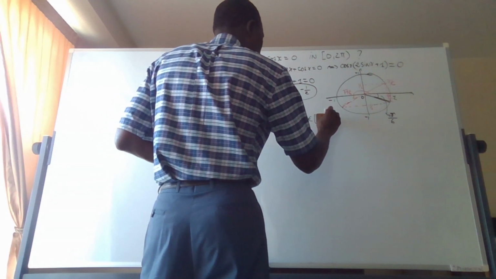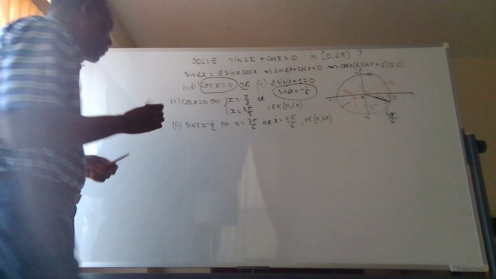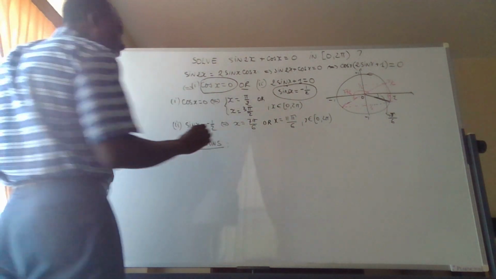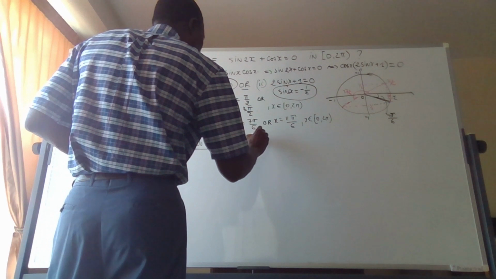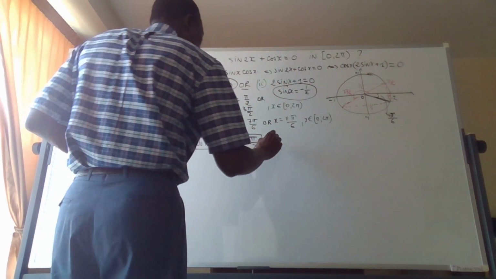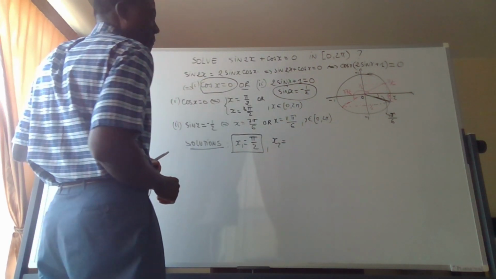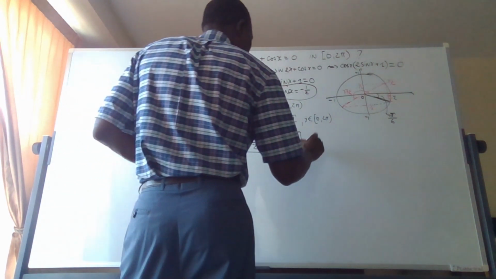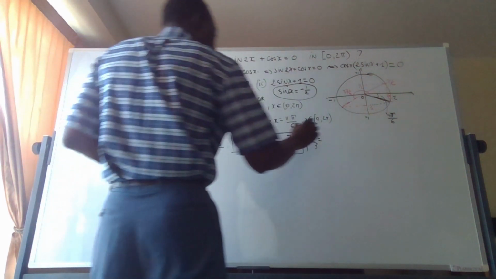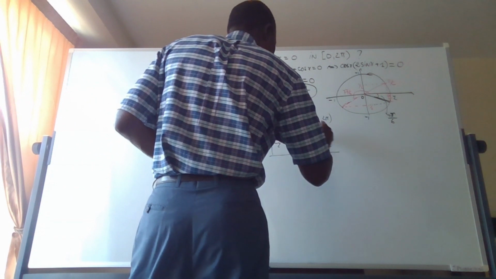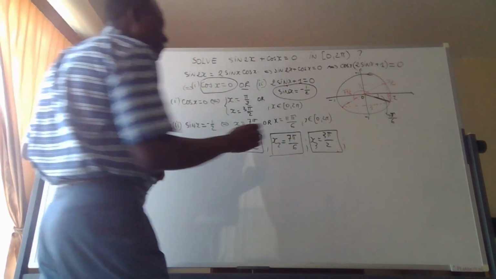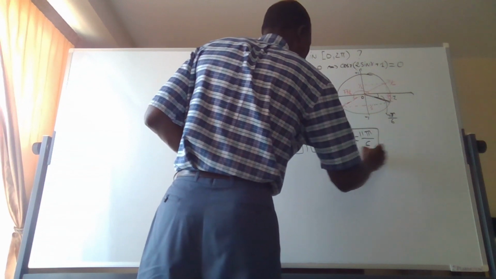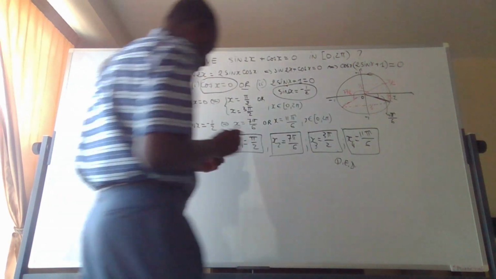The solutions are: x1 equals pi over 2, x2 equals 7 pi over 6, x3 equals 3 pi over 2, and finally x4 equals 11 pi over 6. This is the solution.